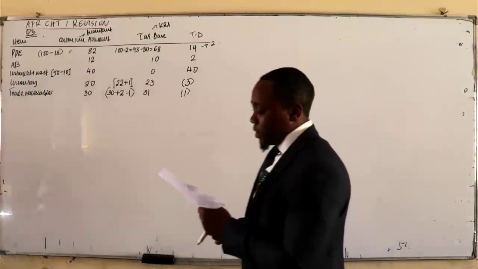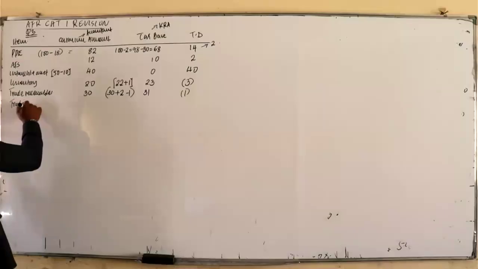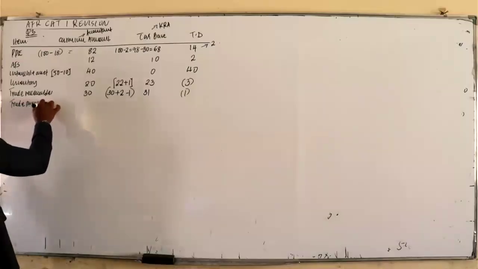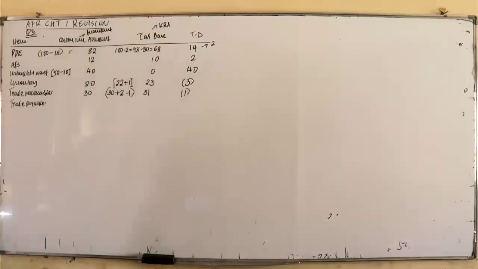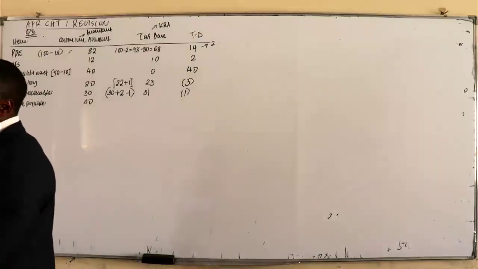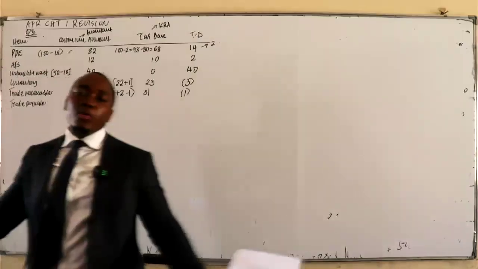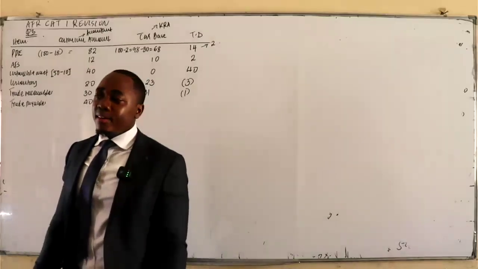And then the other point, trade payables. Trade payables were carried at 40. That's the carrying amount. Trade payables were carried at 40 million, which include, okay, include. So how do you adjust? I don't overthink.